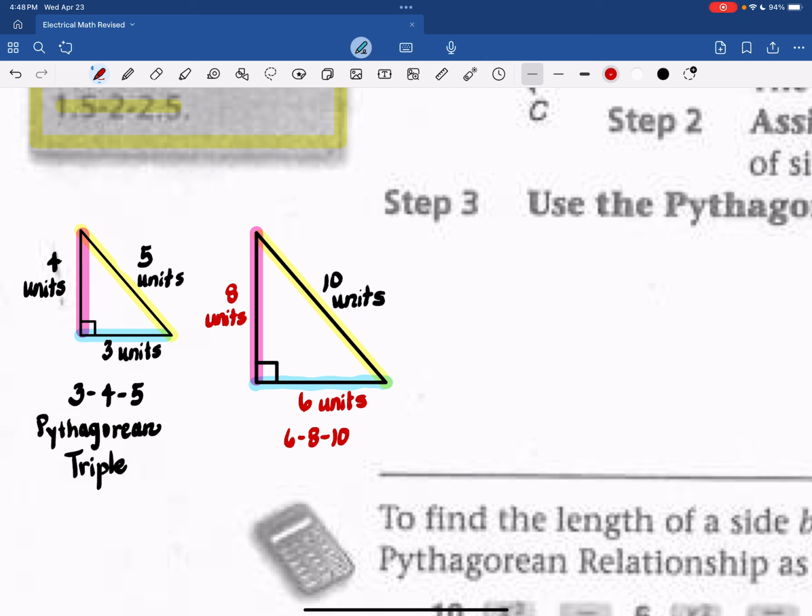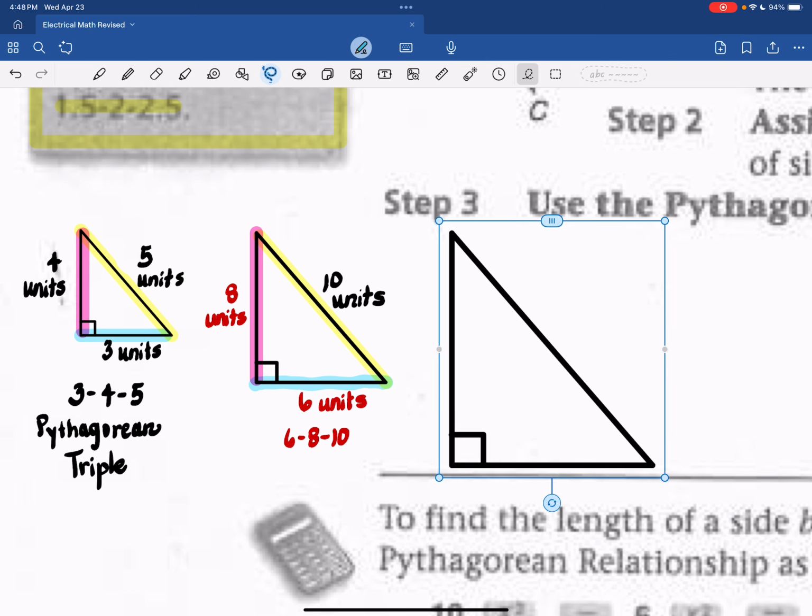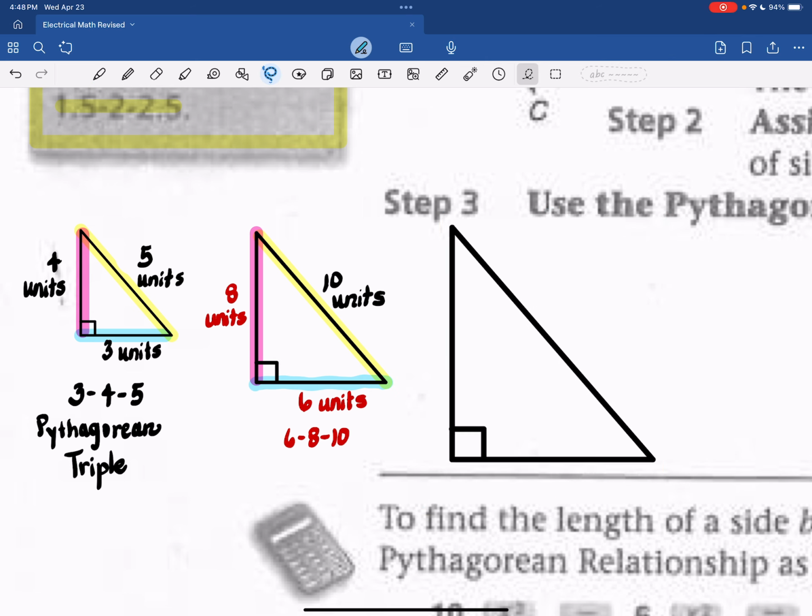So what if I go a step further and enlarge again? So maybe I'm going to take my baby triangle, my original triangle, and use a scale factor of, let's say, 5 this time. So I want to enlarge the baby triangle 5 times. So you can start with any side.